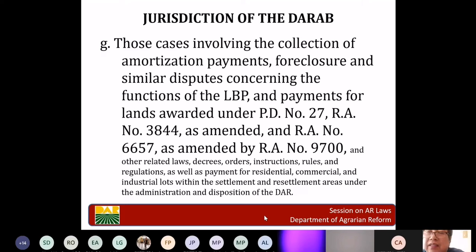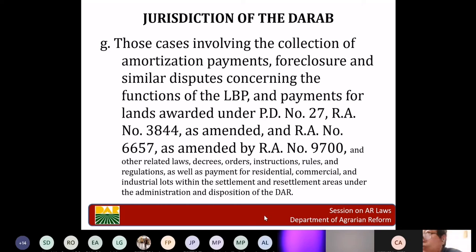But there is the Bayanihan Act 2, paragraph 4M. The government, the state, is waiving the imposition of 6% interest on unpaid amortization. Paragraph 4M of Bayanihan Act 2 is very clear that the waiver is on the interest regarding the amortization payments.